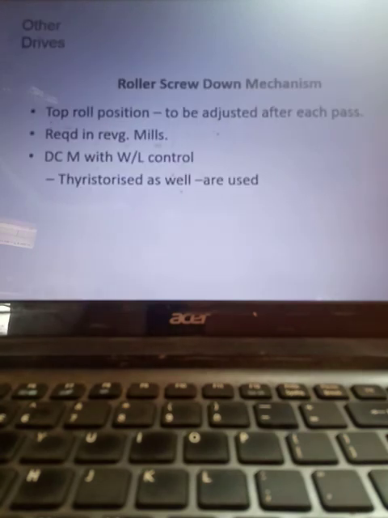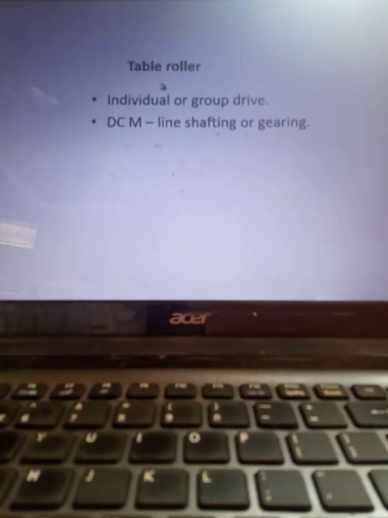Here the top roll position is to be adjusted after each pass, and it is required in reversing type of mills, and the drive used is thyristorized DC motor control. And next we have table rollers. I mentioned in the very first slide itself, the car on which you bring the ingots is taken on a bed.